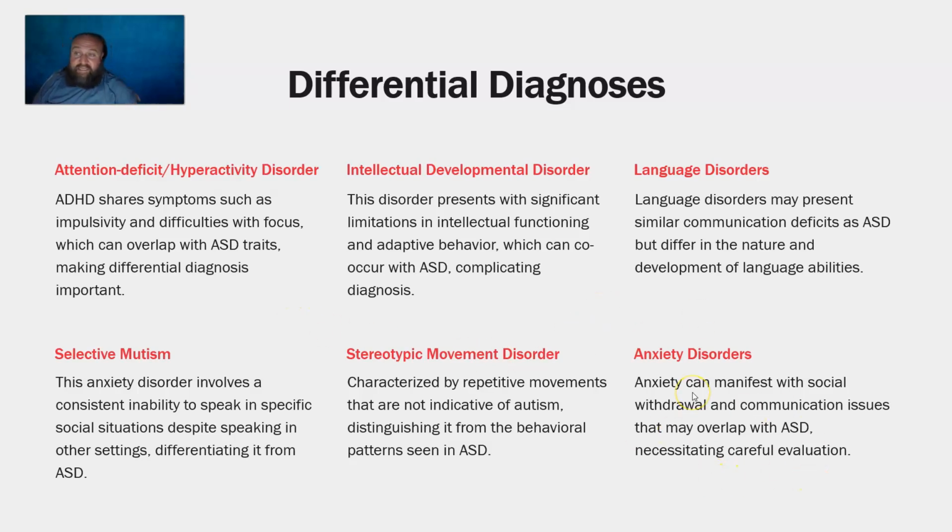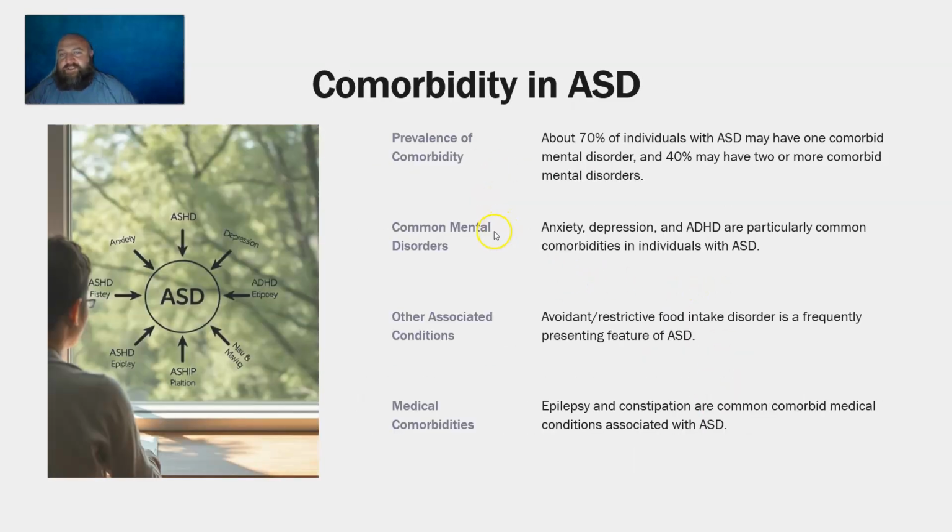So you can be diagnosed with anxiety disorder along with ASD, but you kind of have to look at the symptoms and say, well, is this kid not wanting to go into social settings? It doesn't want to talk because they have really high, maybe social anxiety disorder where they don't want to be around other people, they don't want to be in public. So that's where you would rule it out. Now, of course, a child, an adult, could have both also. But that's what the differential diagnoses are all about.